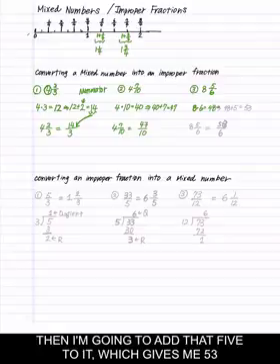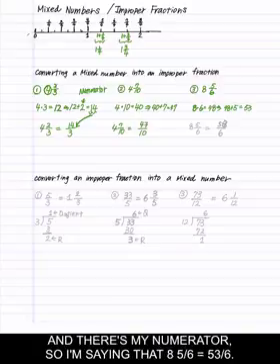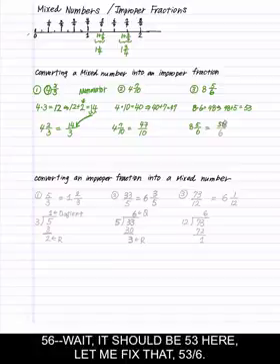Then I'm going to add that 5 to it, which gives me 53. And there's my numerator. So 8 and 5/6 is equal to 53 over 6. Whoops, it should be 53 here. Let me fix that. 53 over 6.